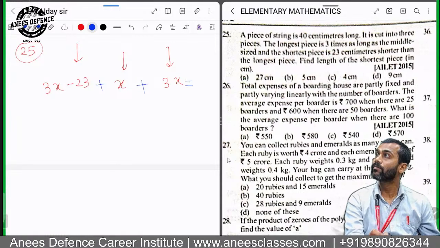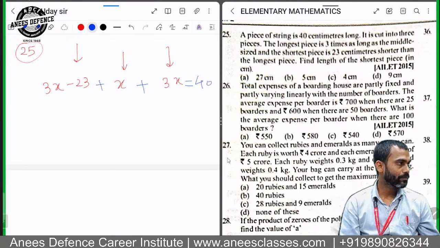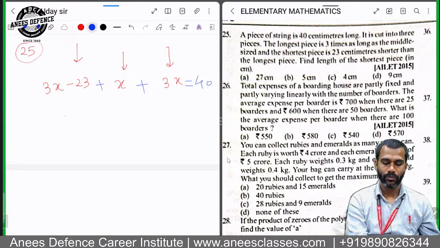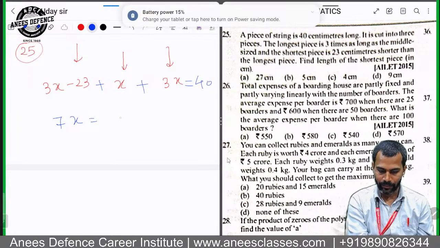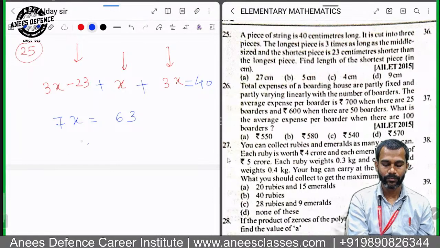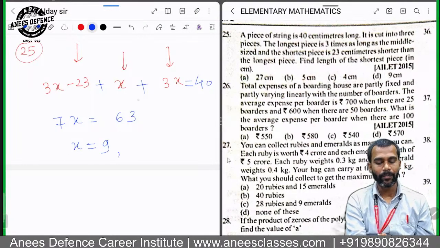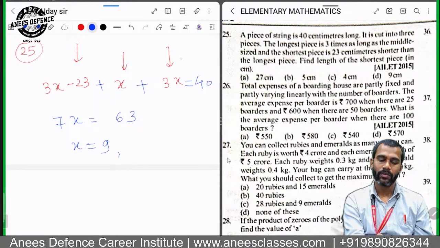That is equal to 40. Yes or no? So 7x is equal to 63, so x is equal to 9. Let the middle one be x centimeters.